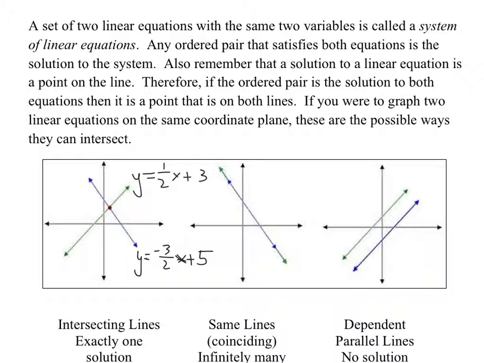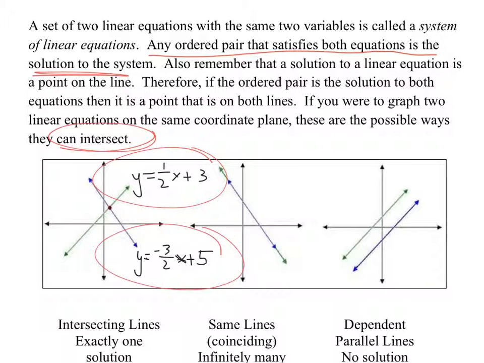So a solution to both equations is the intersection of the lines. Any ordered pair that satisfies both equations is the solution. That is where the intersection is. So if I wanted to figure out what x and y is to solve this, and it also satisfies this, it's that intersection right there.